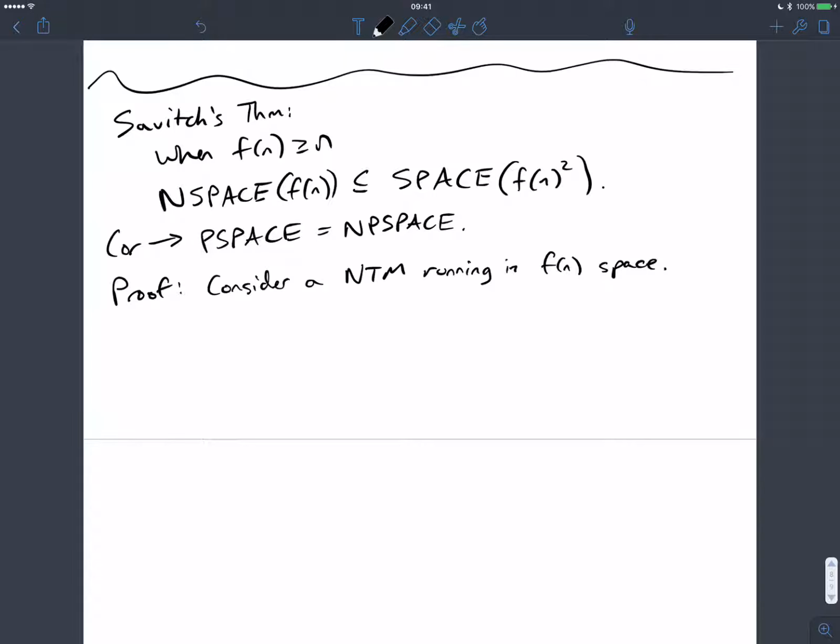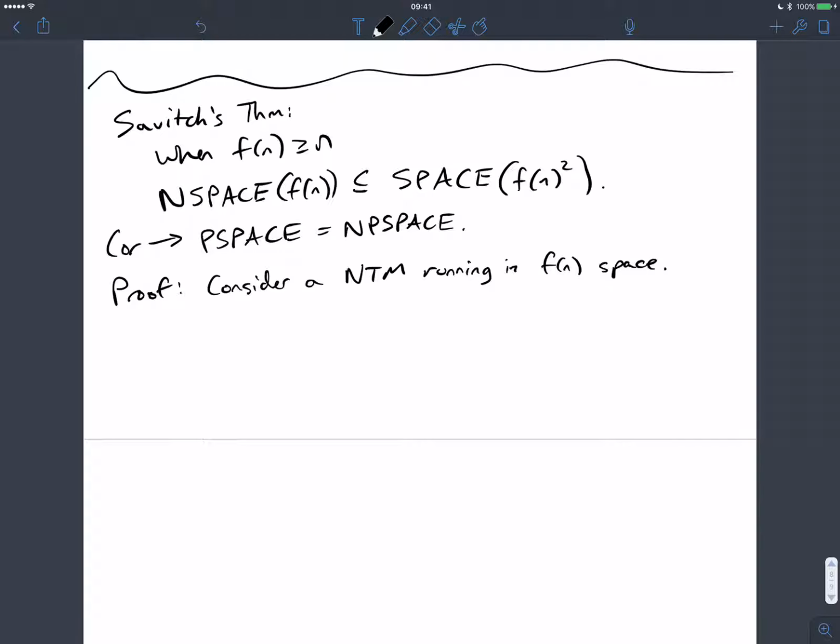So in order to help us here, we're going to think about doing a simulation deterministically. I have this non-deterministic machine, and I'm trying to simulate it deterministically without using too much space, f of n squared space.